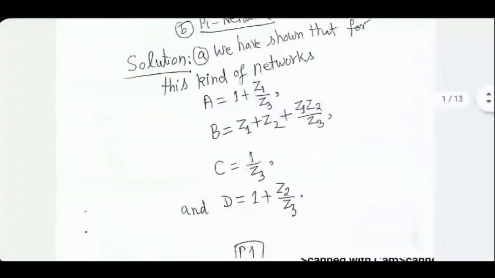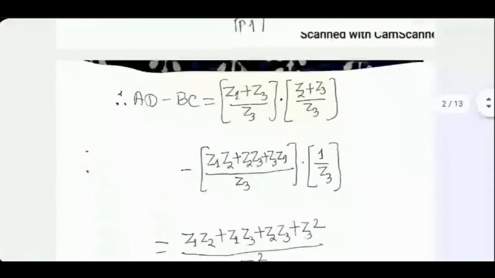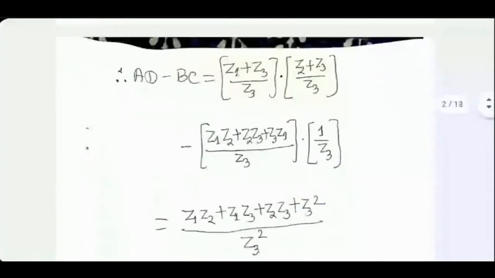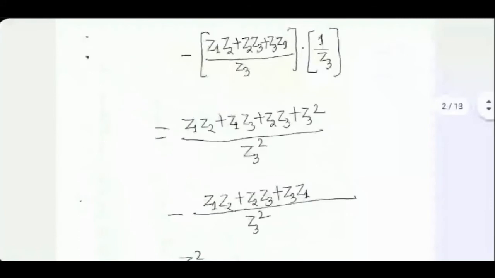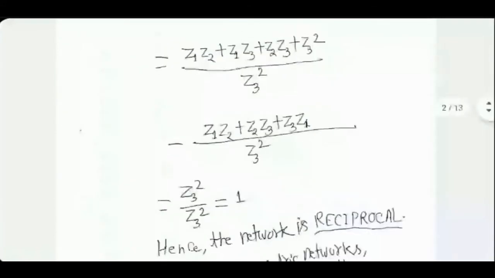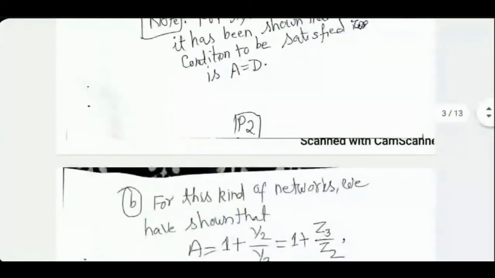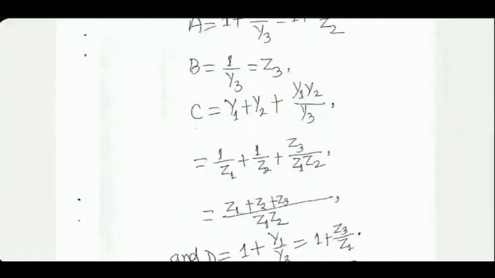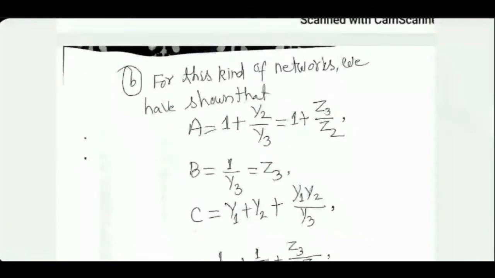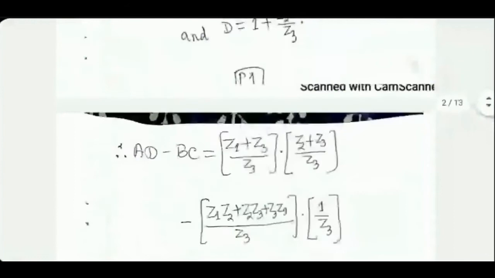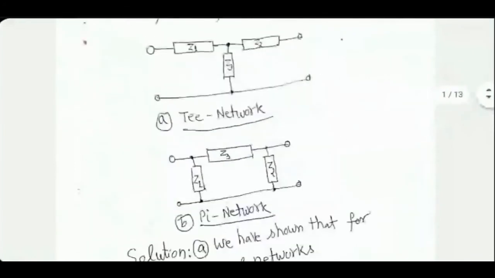Just a minute. 1 plus Z1, 1 plus Z2 by Z3. Once you complete the simplification of the result, a lot of terms cancel out and you get 1. Hence network A is reciprocal. For network B also, we have figured out formulas for ABCD parameters, but those formulas were in terms of Y1, Y2, Y3, while in this case, you are given Z1, Z2, Z3.